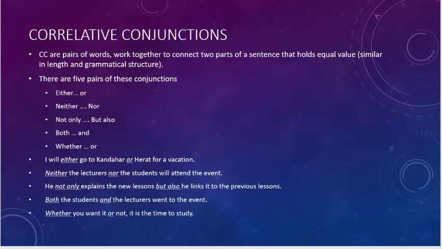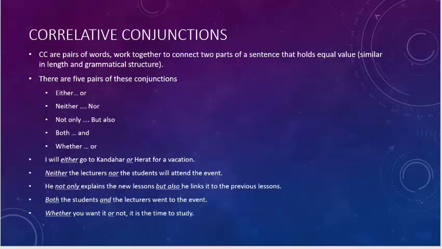You see, we use them in pairs in the sentences, and they are connecting two parts of the sentence, or two ideas in the sentence. They have equal value. The two parts which are joined by these correlative conjunctions are the same in length, and they have the same grammatical structure.